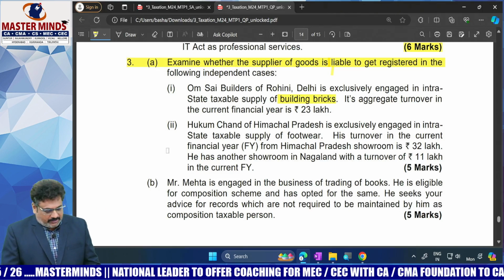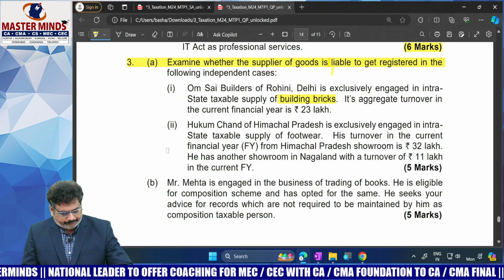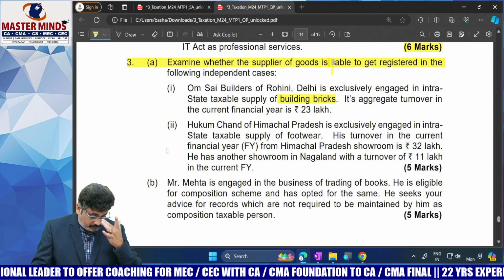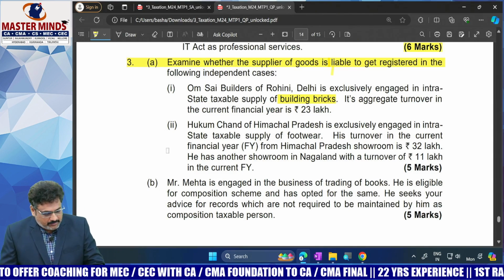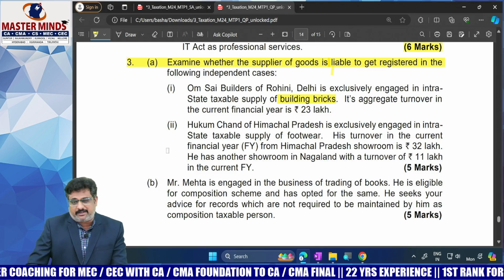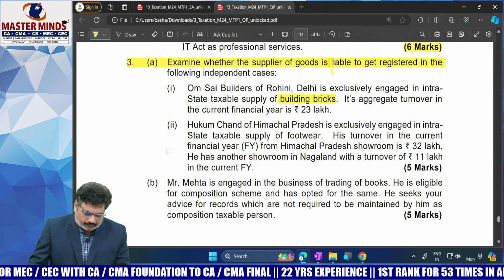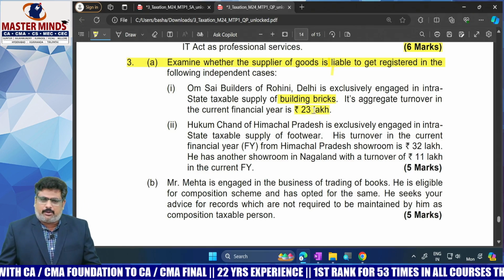If it is building bricks, what is the position, ma'am? If it is building bricks, then even though he is a supplier of goods, the limit will be reduced to 20. Therefore, what is the turnover? 23.